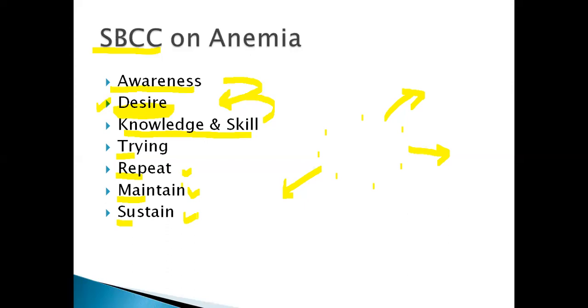We are talking about one per week over those many months and years, for our preschool children, for our school children, for our adolescents. So these steps of repeat, maintain, and sustain become much more important in strategies and interventions like one on anemia or like the TB treatment, as compared to those which are 1 point contact or a one step intervention. For example, your vaccination.